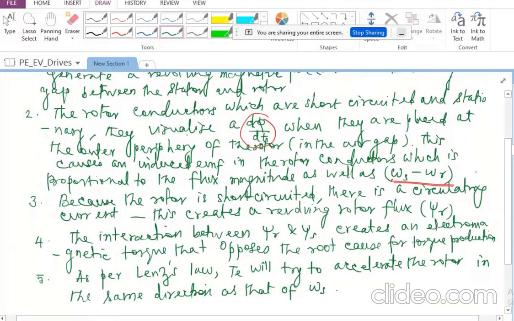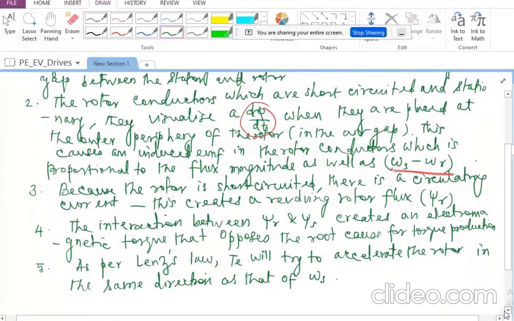So this is what is causing the rotor to rotate in the same direction as that of the revolving magnetic field.